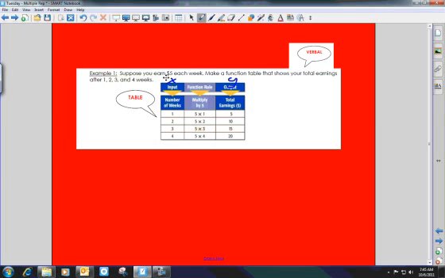So in week 1, we're earning $5 a week. Week 1 is $5 times 1 week for a total earning of 5. Week 2 is $5 times 2 weeks. Our total is 10. Okay, so this is our table representation. We've got the verbal and the table right here in this example so far.